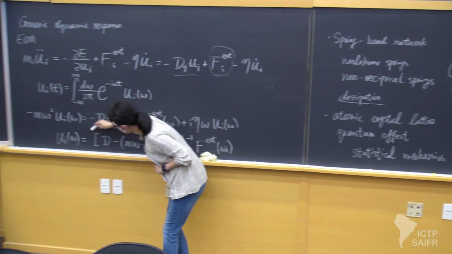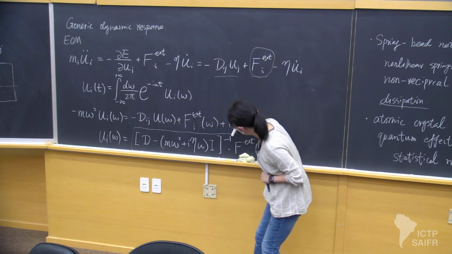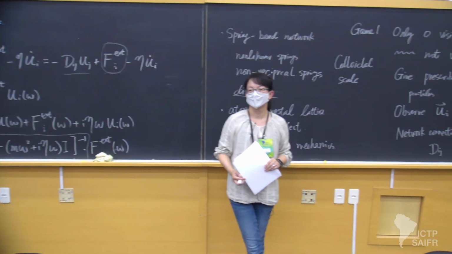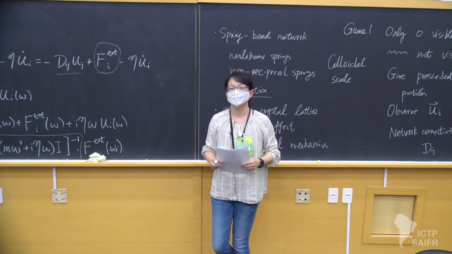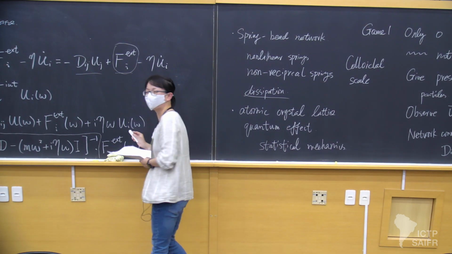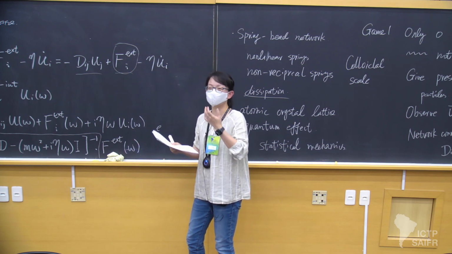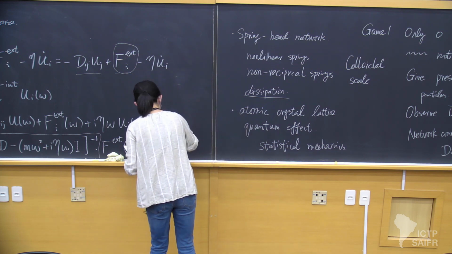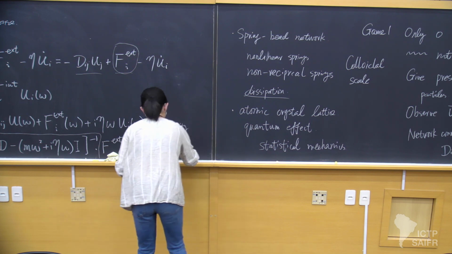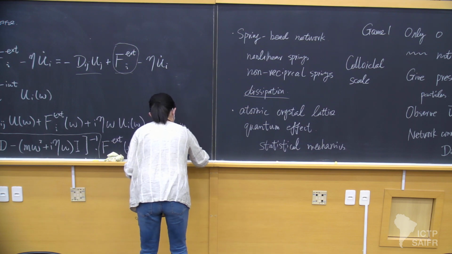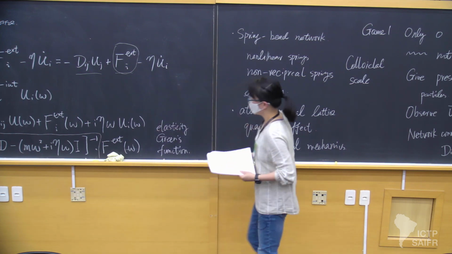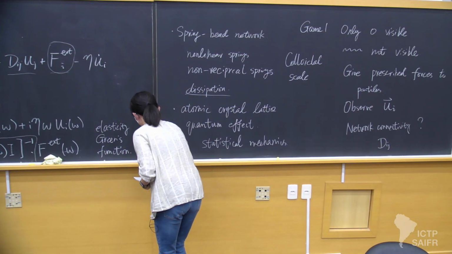And what is this called? It is a Green's function, right? It is elasticity. Was there another? Or susceptibility? Okay. I think there are different names, right? And we can call it G of omega.